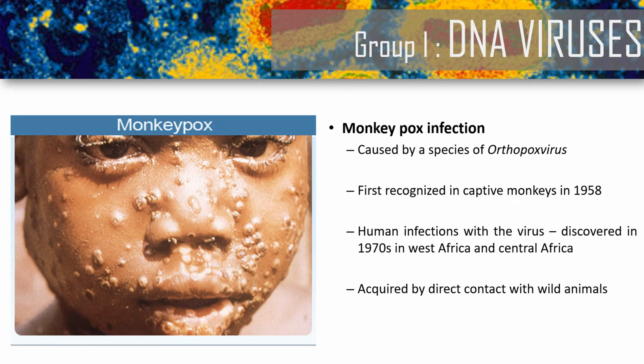The virus is acquired by direct contact with wild animals. So we don't know the culture sa Africa, especially West Africa, on how they acquire that one. Maybe physical contact or occupational contact, where they usually get wild animals as a source of food.